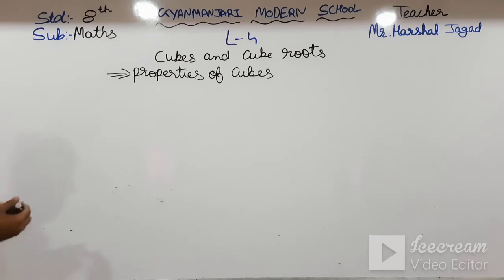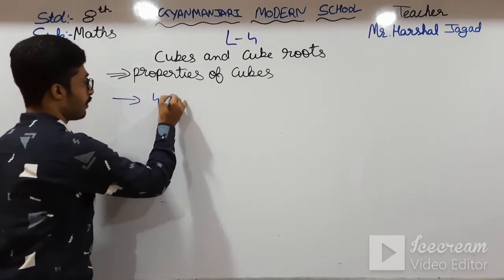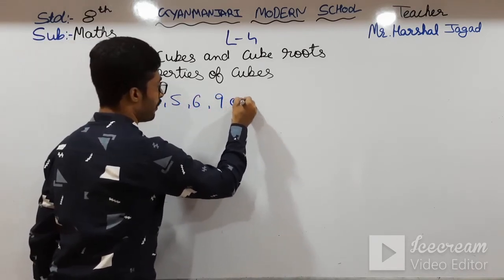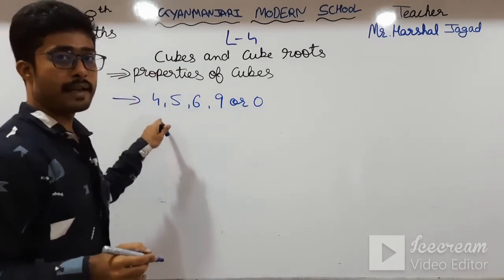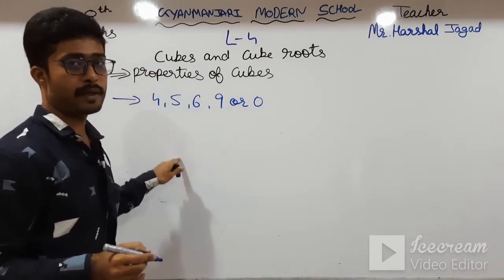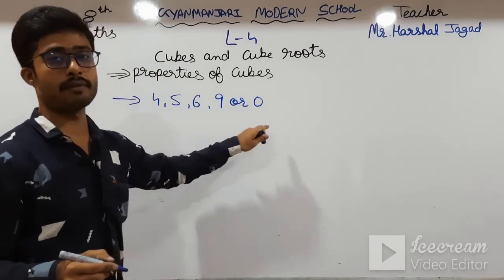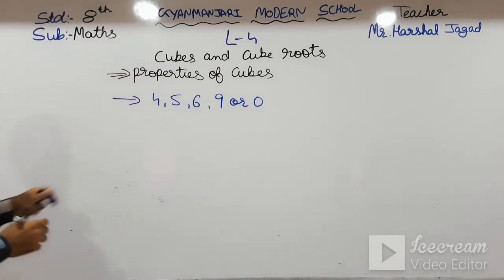Here, the second property: if we take 4, 5, 6, 9 or 0 in the unit place, the cube of that number will also have the same unit digit. So in this also, for 4, 5, 6, 9 or 0, it will be the same only.